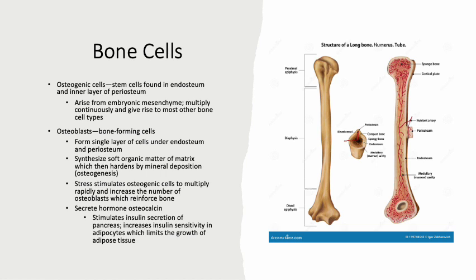They can stimulate osteogenic cells to multiply rapidly if there is stress in the bone or if the bone has broken. So if you break a bone, your osteoblast can stimulate the osteogenic cells to multiply and turn into more osteoblasts or into osteocytes to repair or build more bone in the area. So we have osteogenic, which are the stem cells of bone cells, and then osteoblasts, the bone builders.